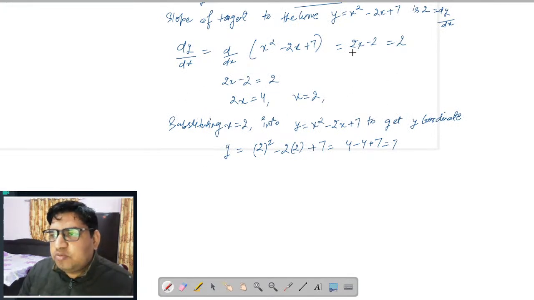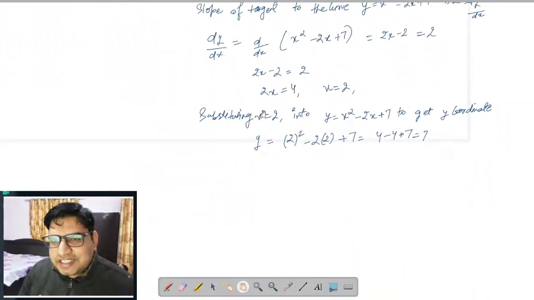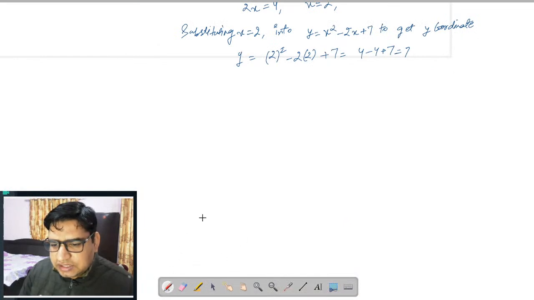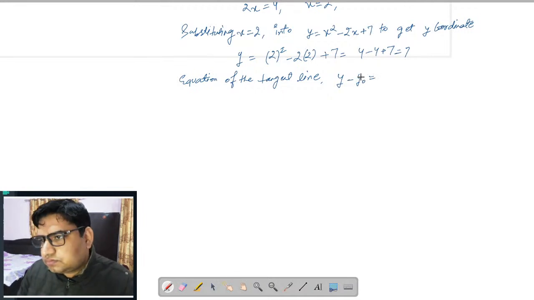Okay, and the slope of the tangent line is also known to us now, and what we need to find is the equation of the tangent line. So the equation of the tangent line is y minus y naught is equal to m times x minus x naught.